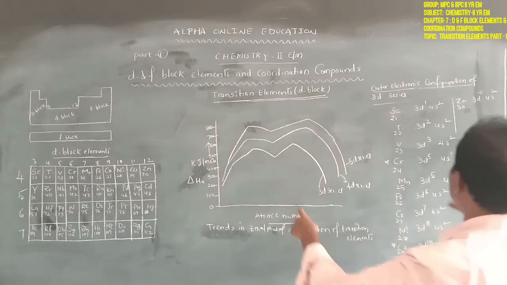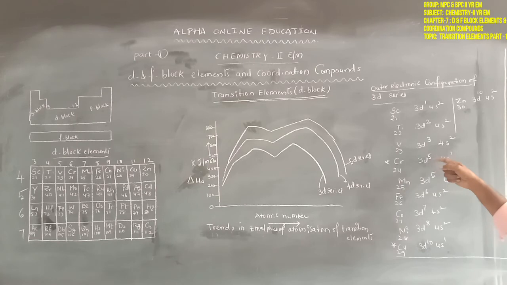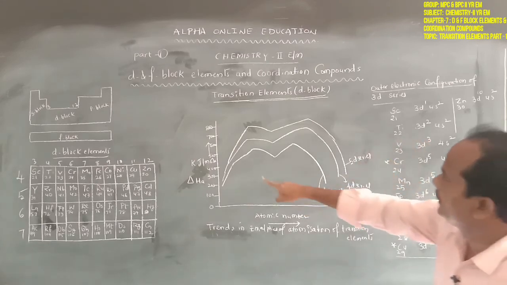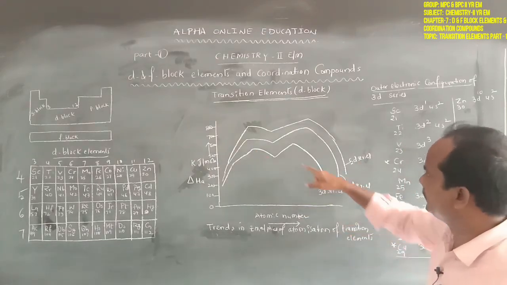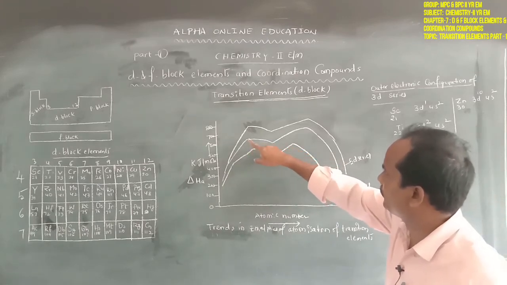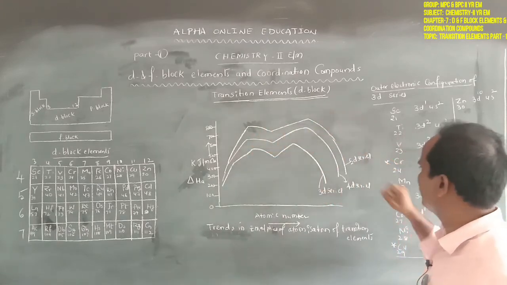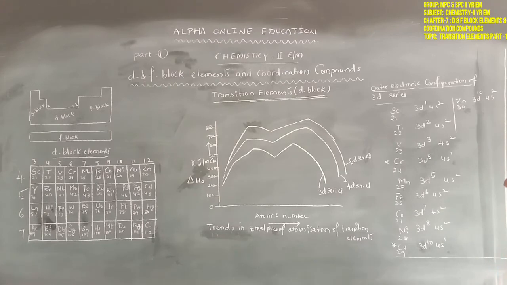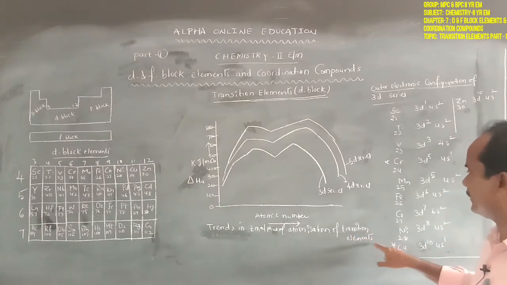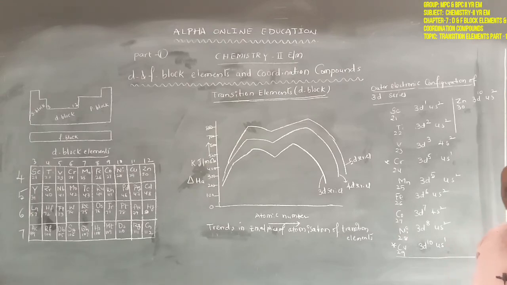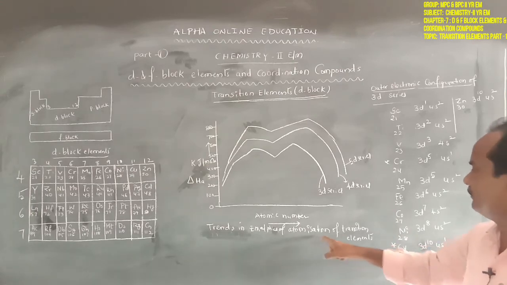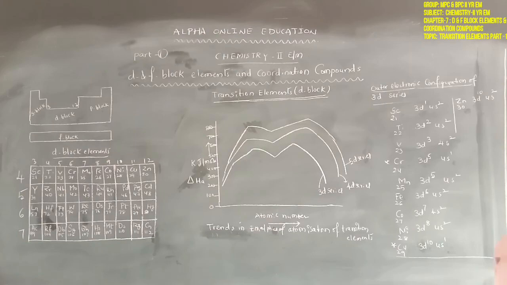The reason is that, for example in chromium, more unpaired electrons are available for metallic bonding, so their enthalpies of atomization are very high. This is the 3d, this is the 4d, and this is the 5d. Based on the enthalpies of atomization, the chemical properties also depend on them. Okay, this is enough.